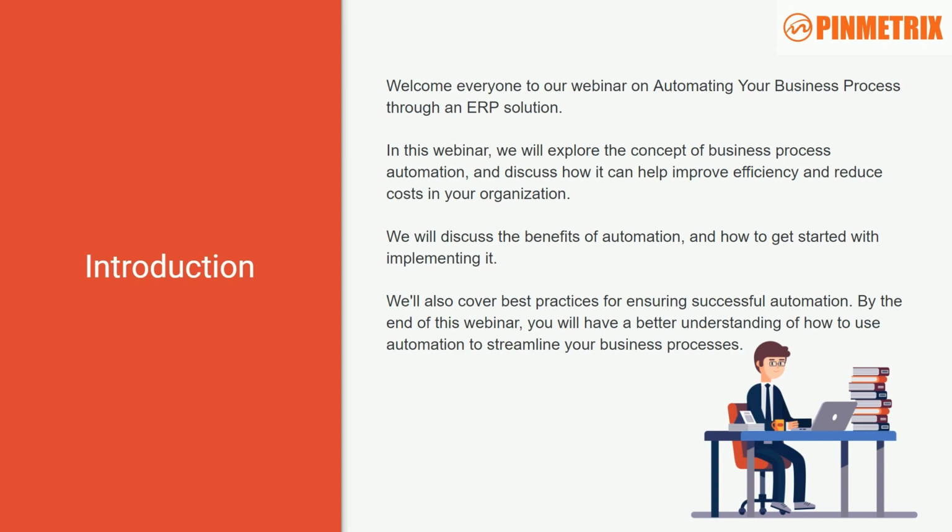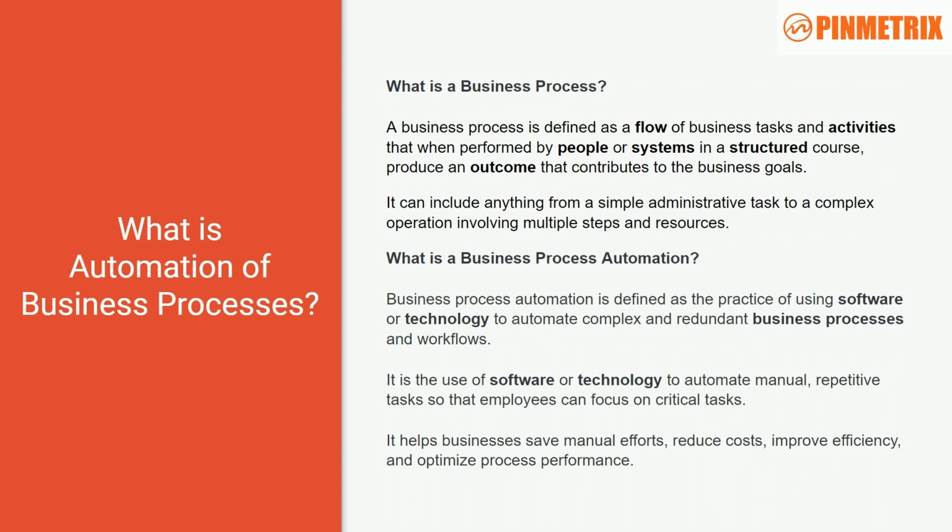business processes. The word business process, what does it mean? It is simply defined as a flow of business tasks or activities that is being performed by people, systems, and technology in a structured manner in order to produce an outcome that contributes to the business goals.